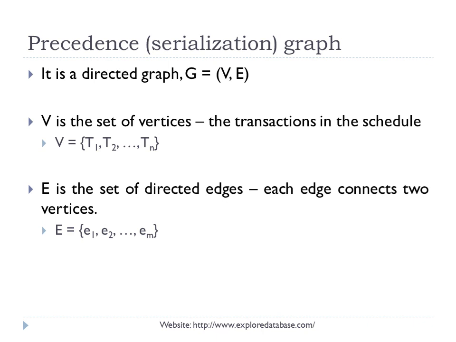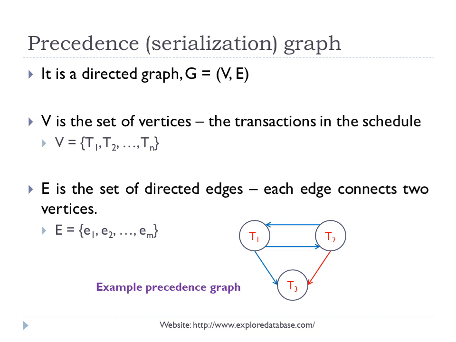E is the set of directed edges, that is, they are simply links connecting two vertices in the graph, and they are said to be directed edges in the sense that each edge has an arrowhead pointed towards the conflicting transaction. Let us see an example precedence graph here.